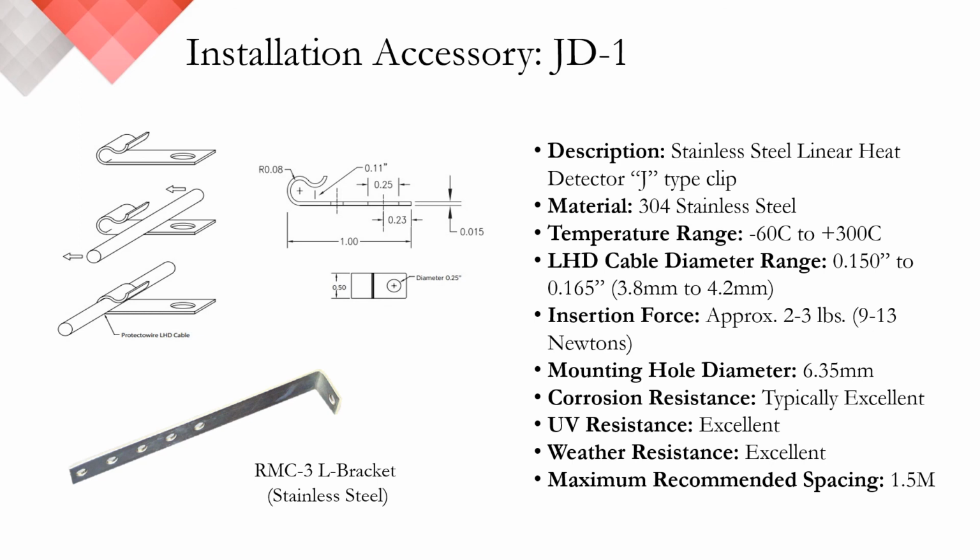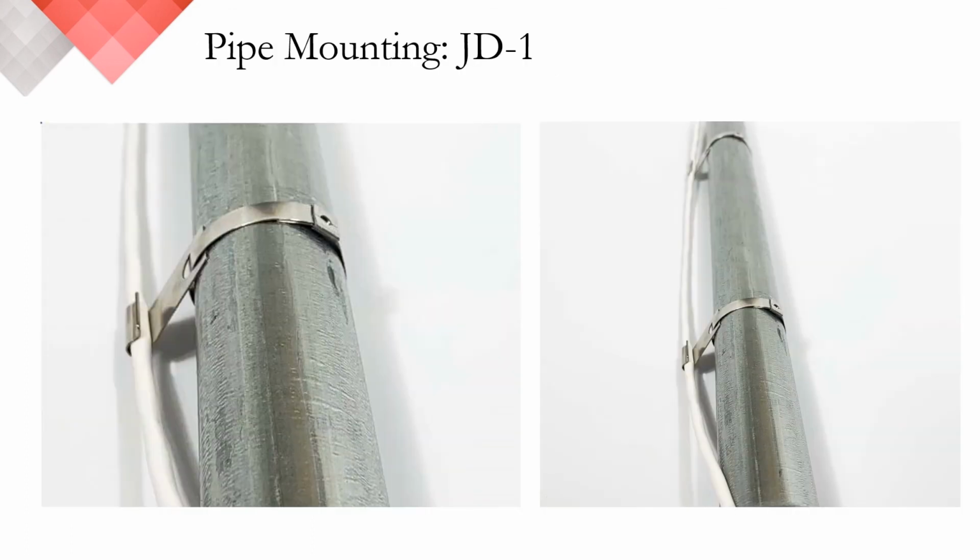Here we have the JD1 clip. I touched on this briefly when I was talking about the L bracket, attaching the OHSS clip to the L bracket. Well, this is another clip that you can also attach to the L bracket, which makes for a nice, easy stainless steel installation. The JD1 can also be attached to piping with a stainless steel strap by others.